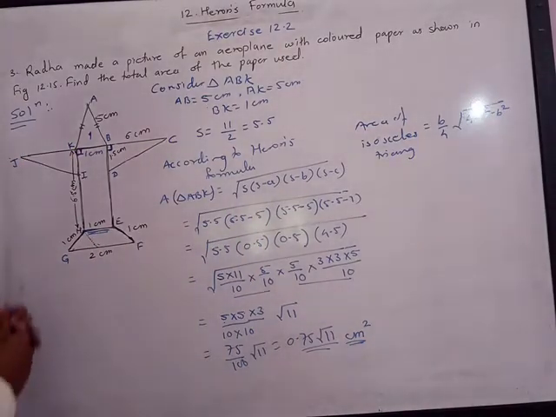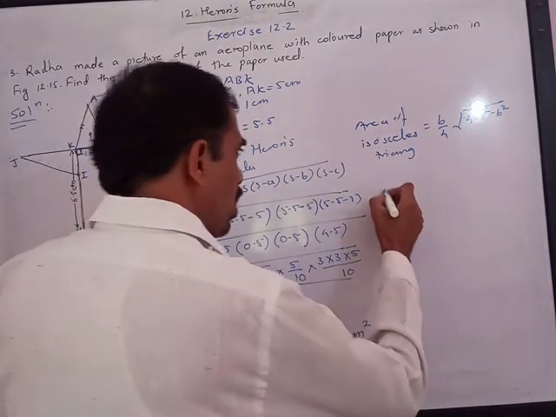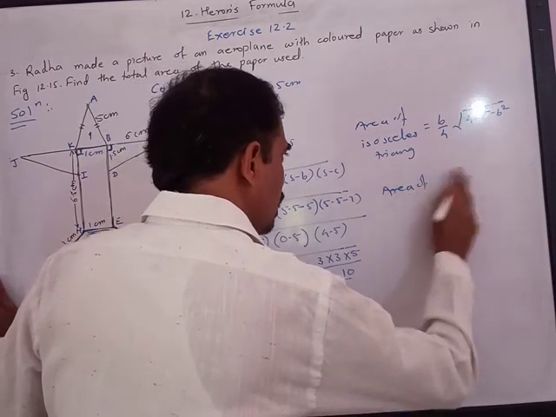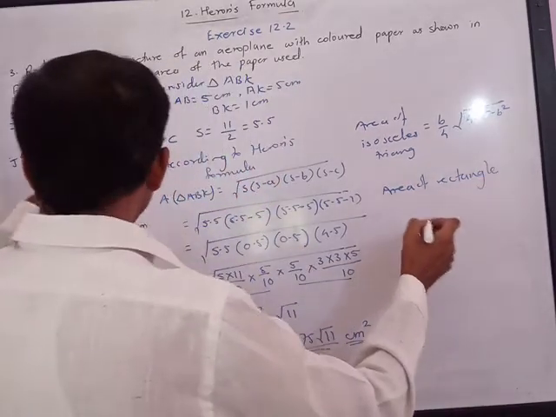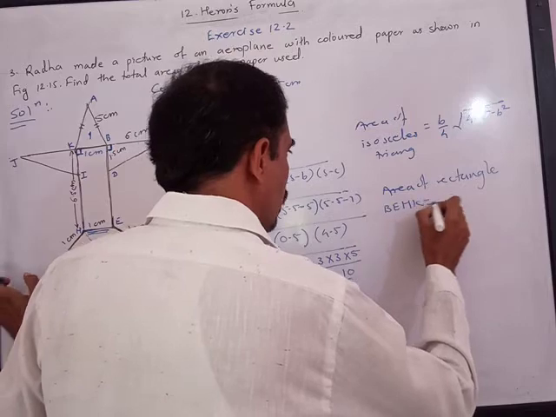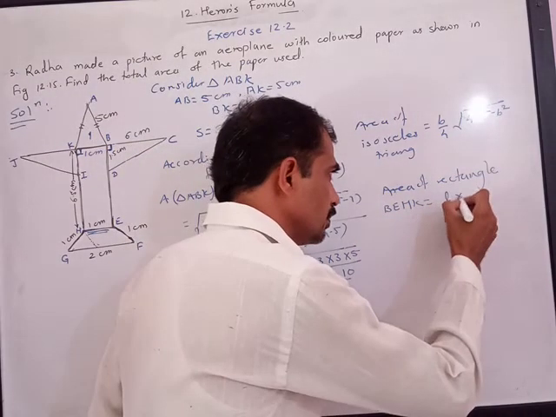Second, I am going to find the area of rectangle BEHK. So area of rectangle BEHK is equal to, now for the area of a rectangle we have the formula length into breadth.